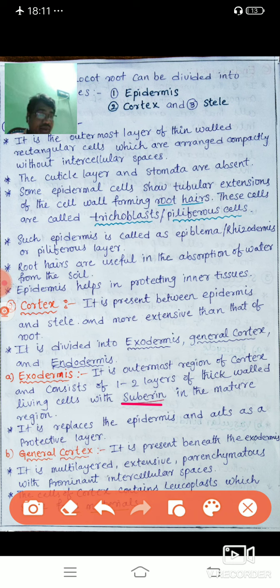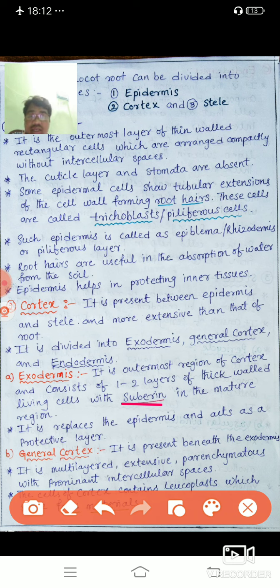So what is the importance of the exodermis? It gives mechanical support, mechanical strength to the root. Where is the exodermis? Below the epidermis. The exodermis is the outer region of the cortex. And the second region in the cortex, general cortex.